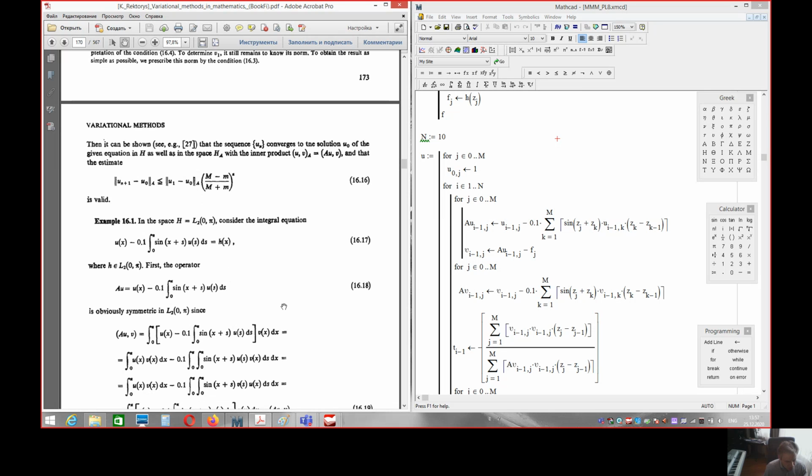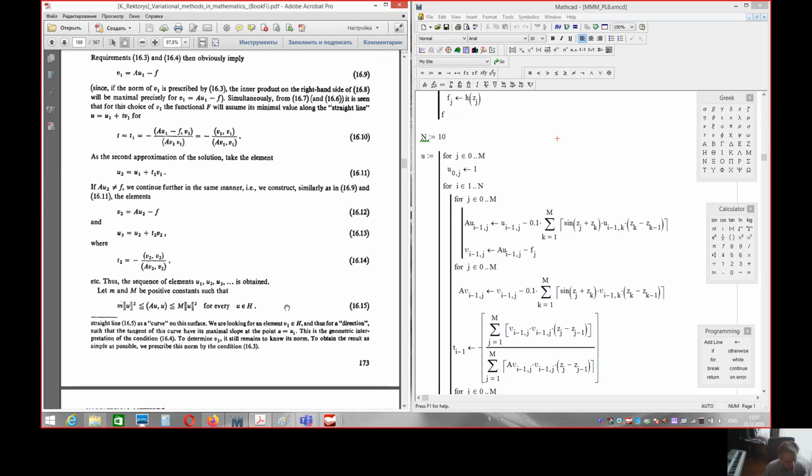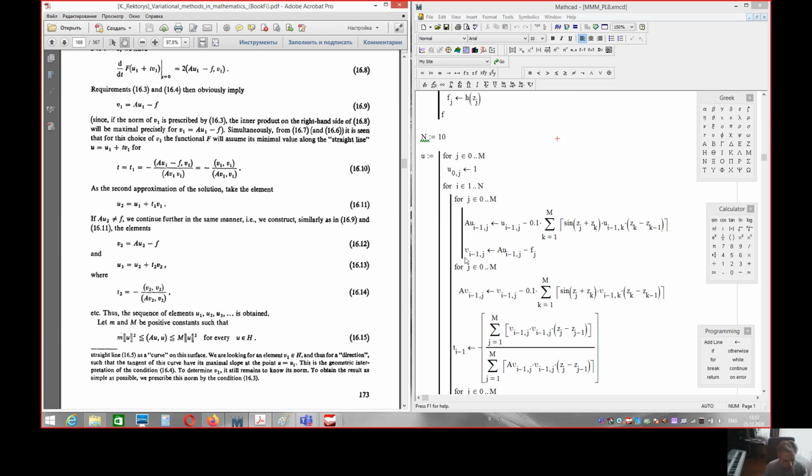So corresponding function v i minus 1 j is equal to Au minus f.